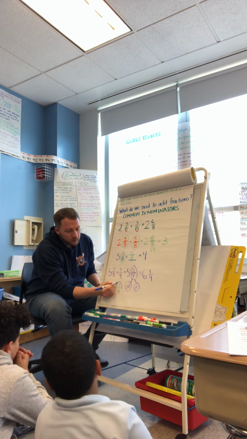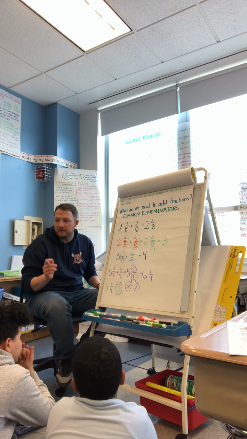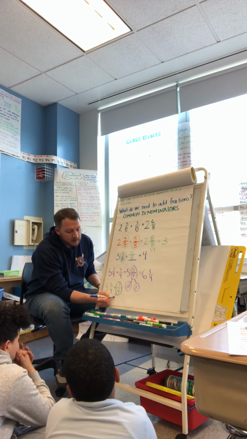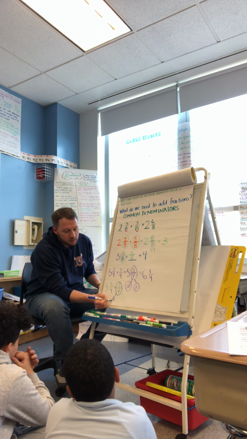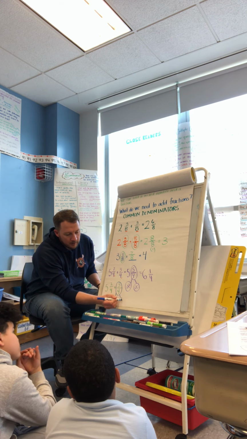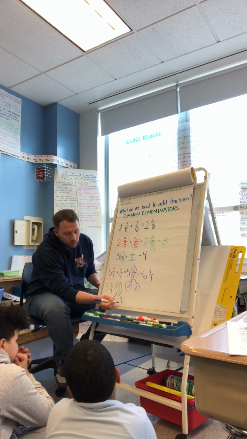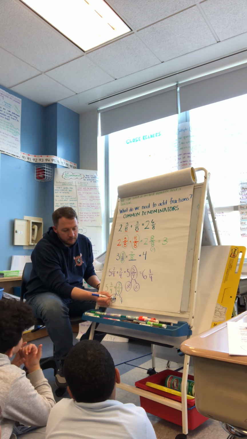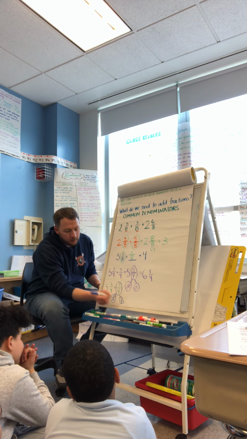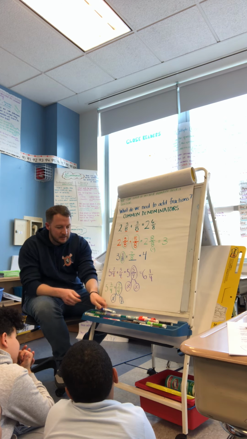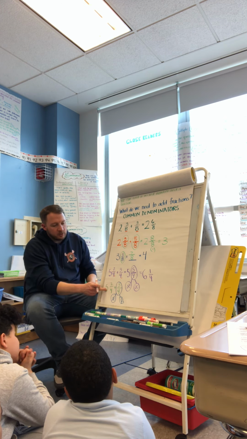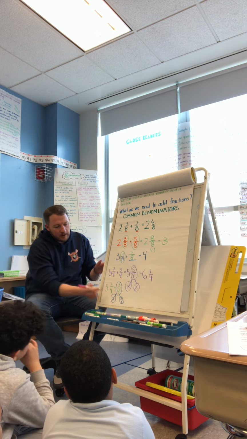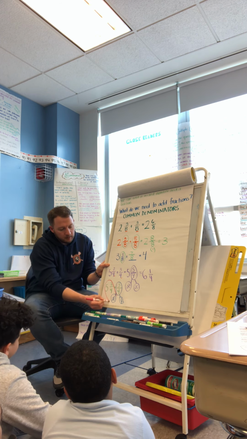What I can do is I can separate, before I even add, Miguel, I can separate 3/4 into 2/4 and 1/4 with a number bond. And when I do that, I can see that my 2/4 here and the 2/4 there make what?